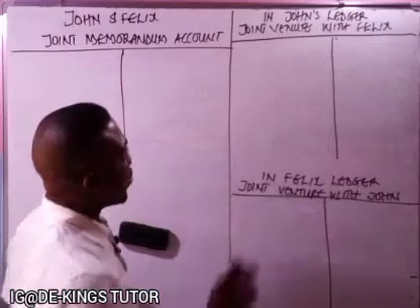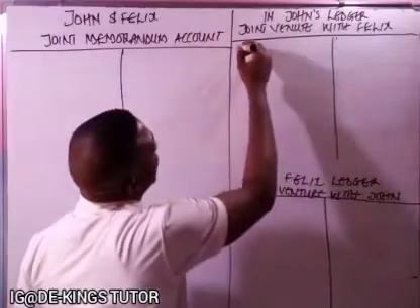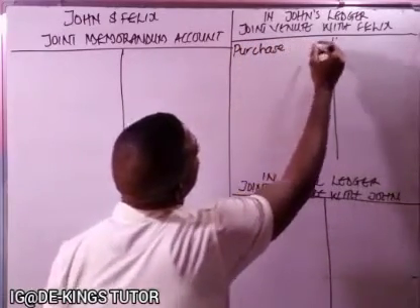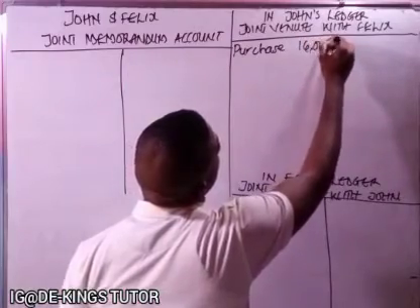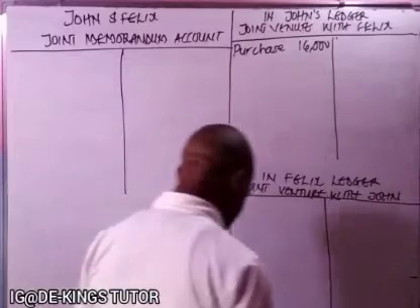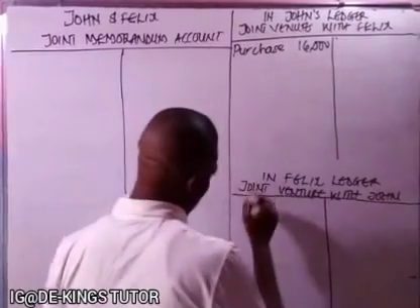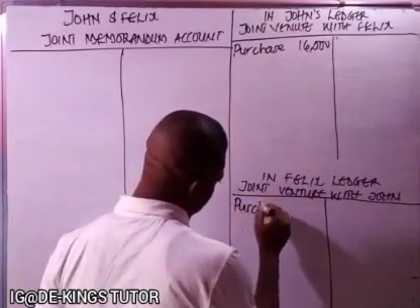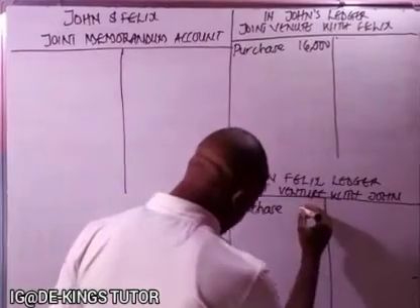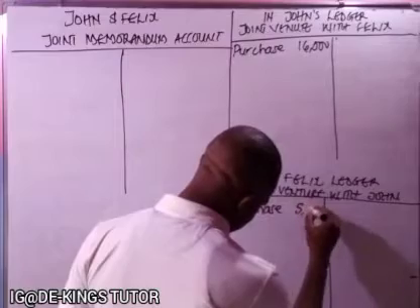So we're going to write in John's ledger, purchase, he paid 16,000. Okay, and they said the balance was paid by Felix. So we also have purchase by Felix. The balance will be 5,000.